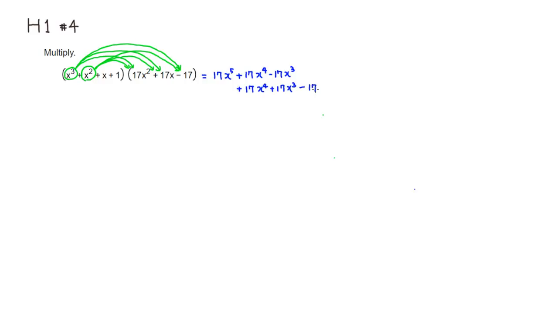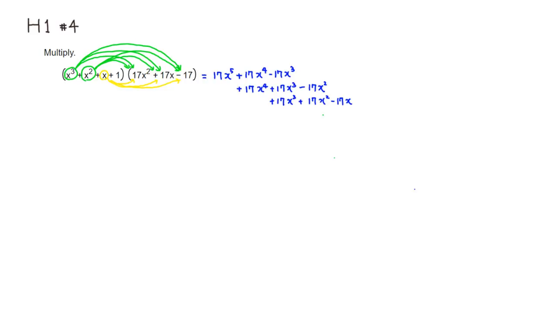For the next term, I'm going to use a different color. x is distributed to all three terms. x times 17x squared would be positive 17x cubed, and x times 17x is positive 17x squared. The last one is negative 17x.